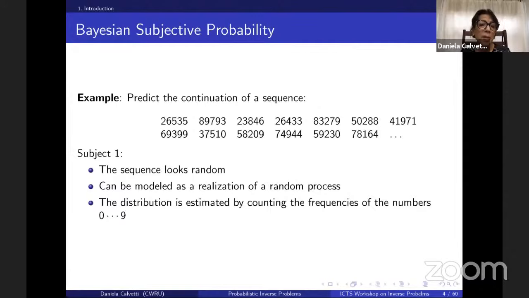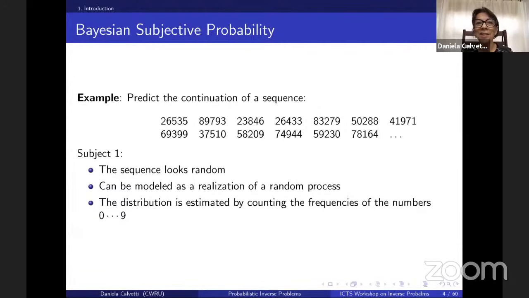And one way of continuing it in a credible way, so putting, for example, 5 digits to the left of the first group, to the left of the 26, is estimating the frequencies of the different digits in each group, maybe even looking at the ordering, and then creating one random sequence. According to subject 1, that's the most reasonable way.